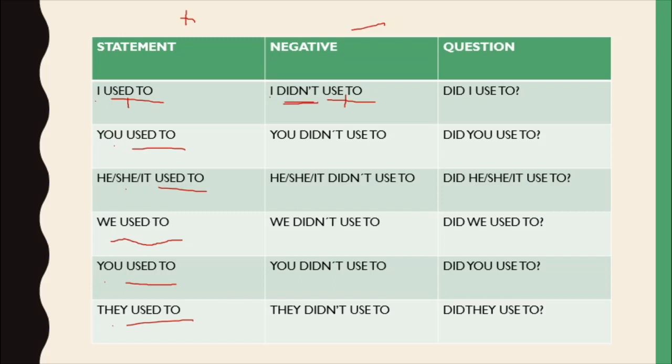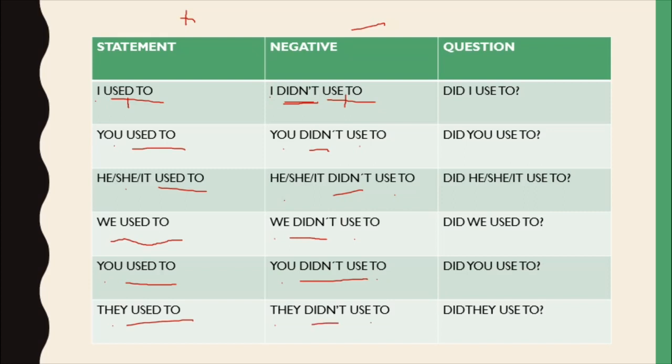With did and also in negative or did not. So you didn't used to. He, she, it didn't used to. We didn't used to. You didn't used to. They didn't used to. Okay?